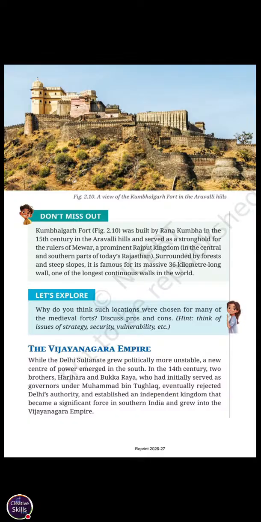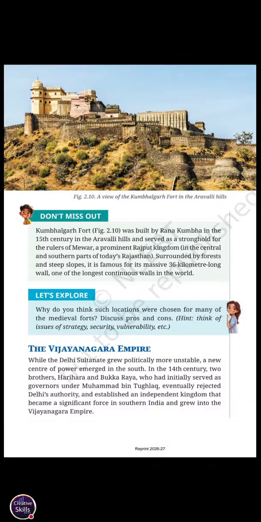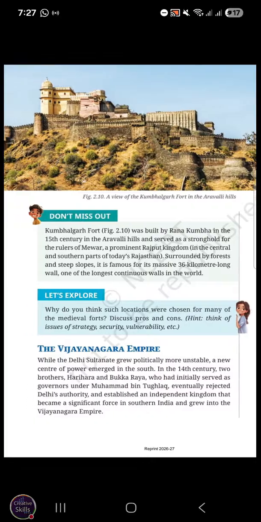Discuss pros and cons. Don't write that hint if you wish. We will discuss pros and cons with the whole answer. So the first question they asked: why do you think such locations were chosen for many of the medieval forts?